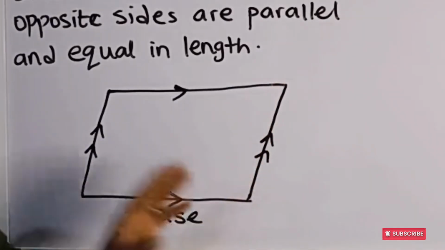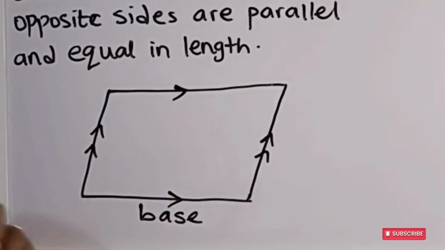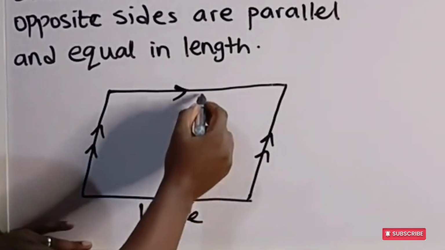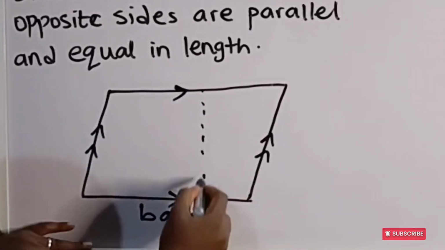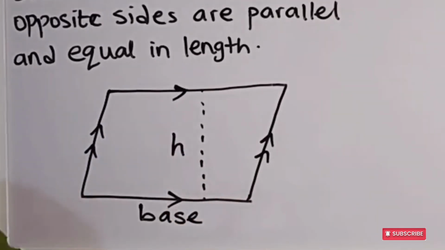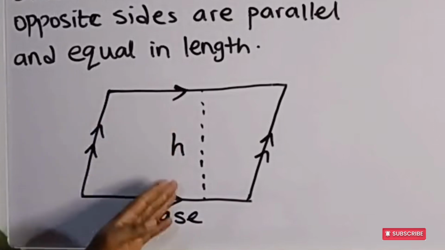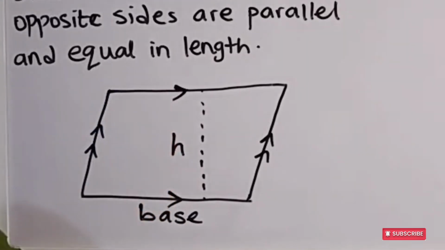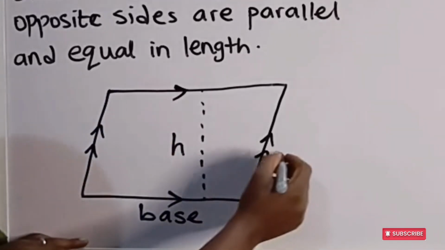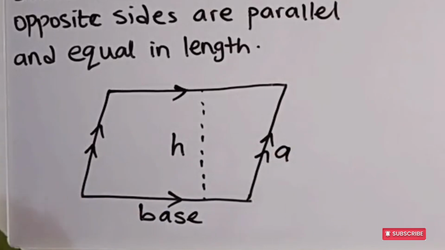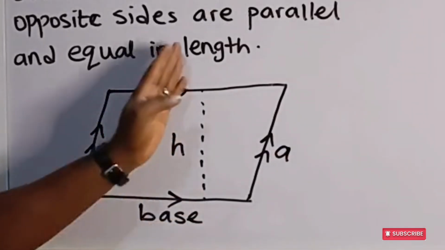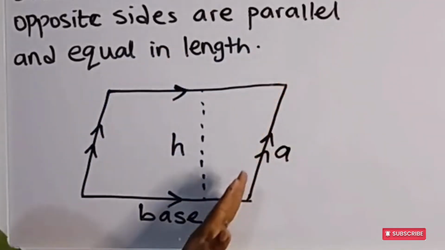A parallelogram has two heights: the vertical height, h, and the slant height, a.